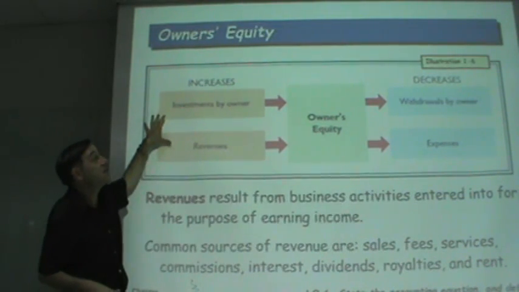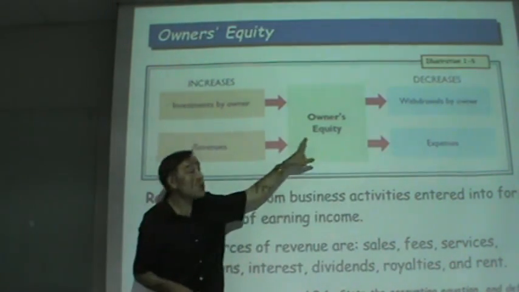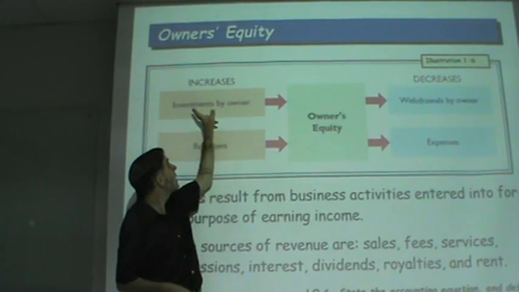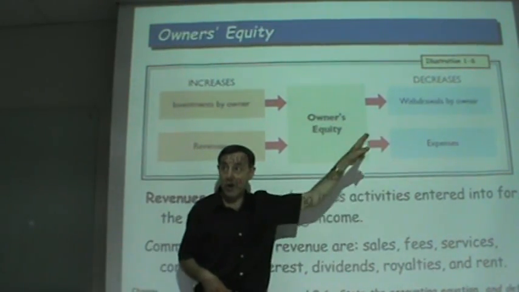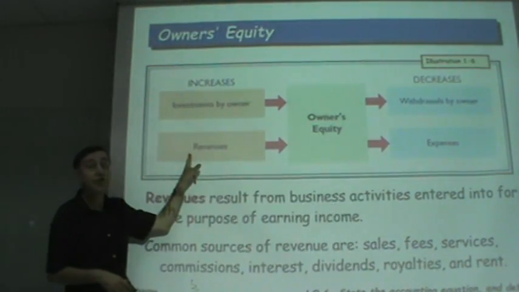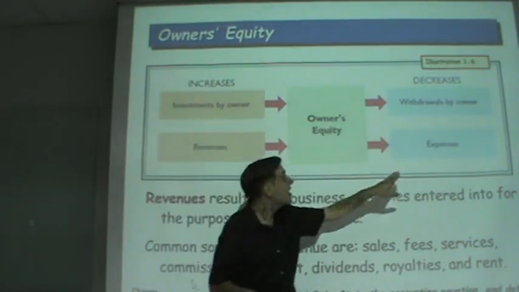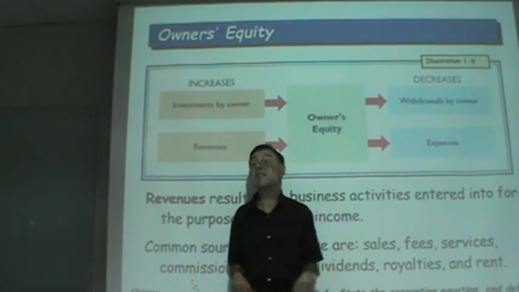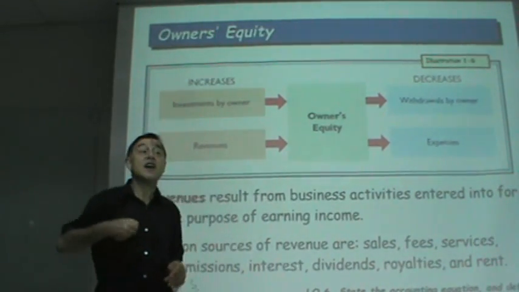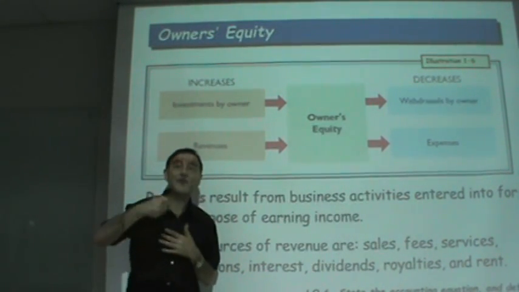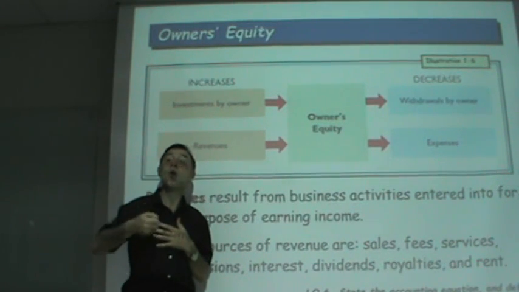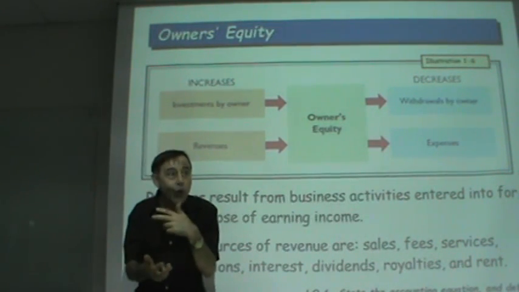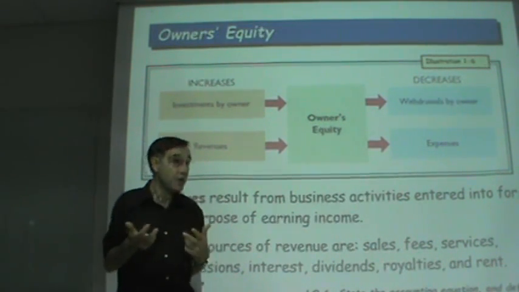So this is how equity is affected by investment, withdrawal, revenue, and now we get to expenses. An expense is a resource which you have to sacrifice or give in order to keep the business going.